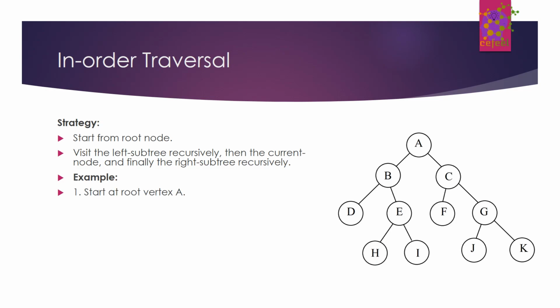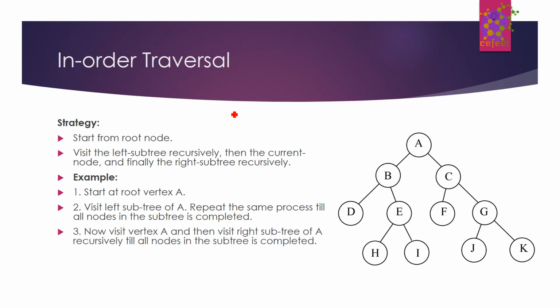So we'll start at vertex A. We'll visit the left subtree of A. A is not visited yet, and we will keep visiting the left subtrees recursively till we are done with the left subtree. Then we will visit the root node, which means we will visit the node A, and then we'll move to the right subtree and apply the process recursively.